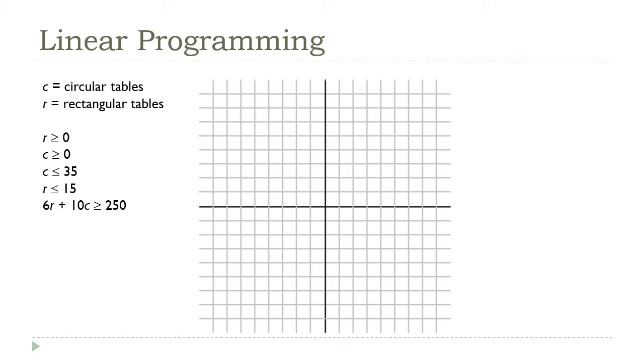All right, so we know our answers have to be greater. Oh, sorry. Before we go any further, because this has a lot of potential for confusion, since we're not using x's and y's, label your axes. This is going to be the C axis, and this is going to be the R axis.